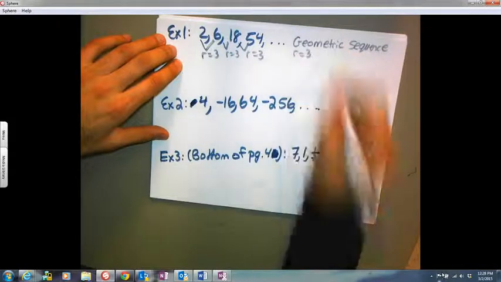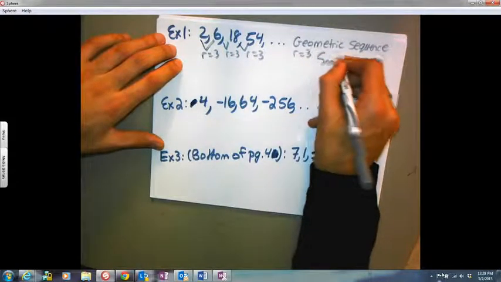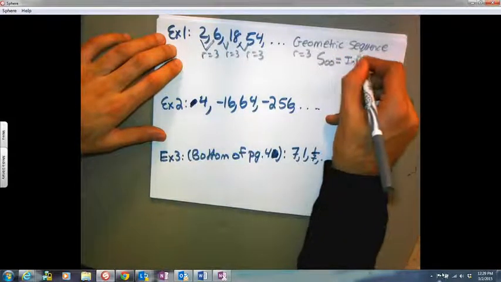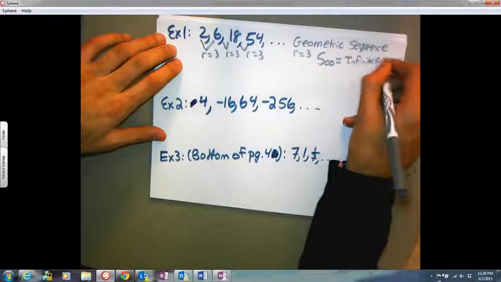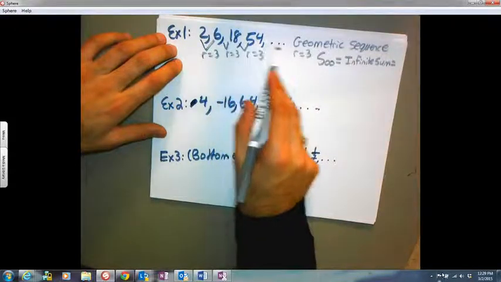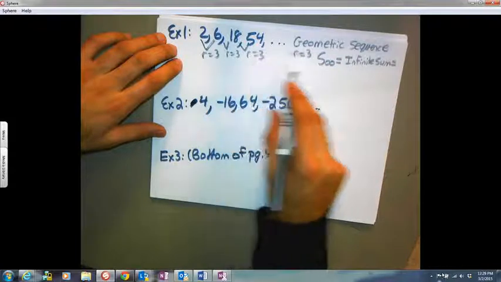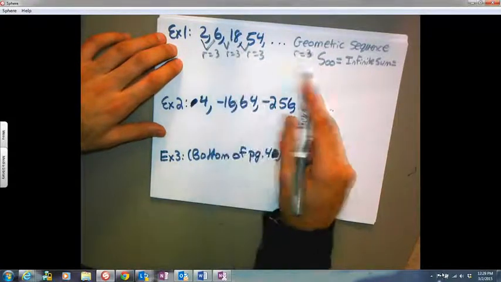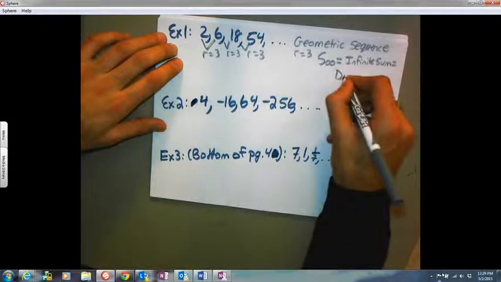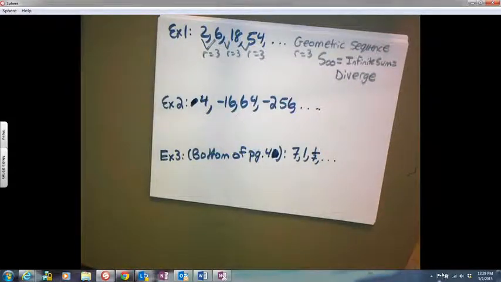So the infinite sum here, if I just keep multiplying by 3 every time, my number will get bigger and bigger and bigger. So if I add them all up, I will get a very big number. So this will diverge, because the numbers keep getting bigger. And if I keep adding bigger and bigger numbers, I will diverge.